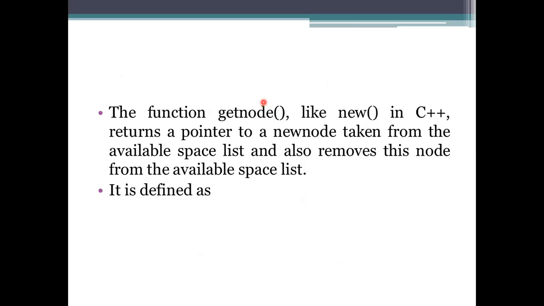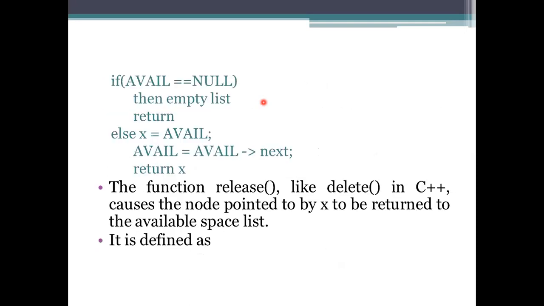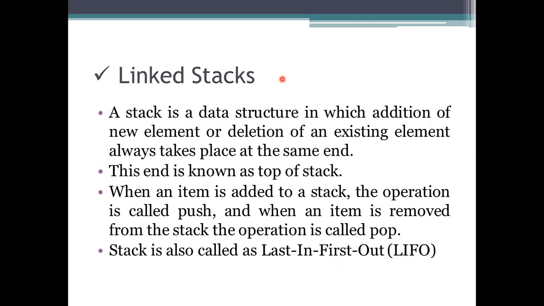If any space is there, just get the node and take the values. If avail is null, there is no space to insert, and the list is specified as empty. Next, if space is available, we take it into consideration.